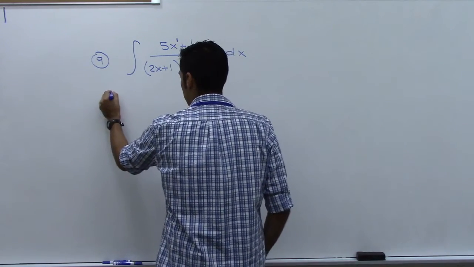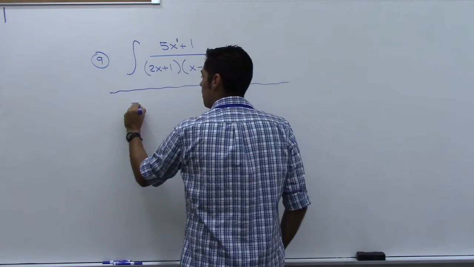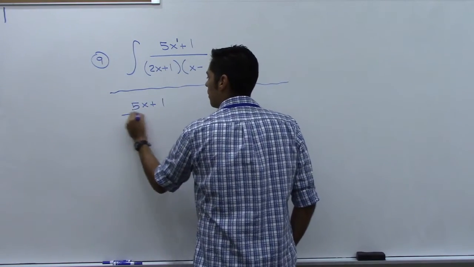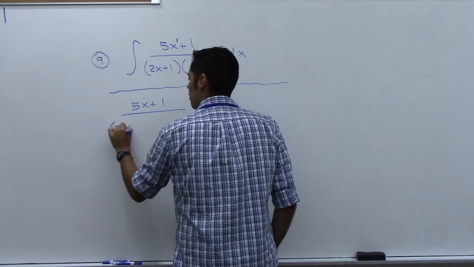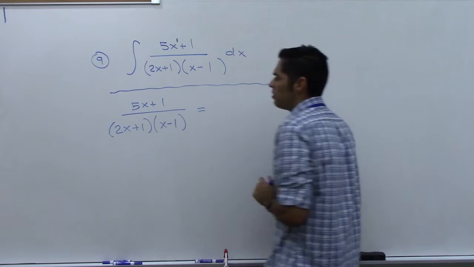The technique says what I'm going to do is I'm just going to work with the integrand first. I'm going to try and rewrite it. So I want to rewrite this as something else.